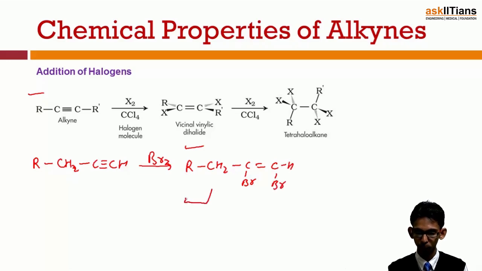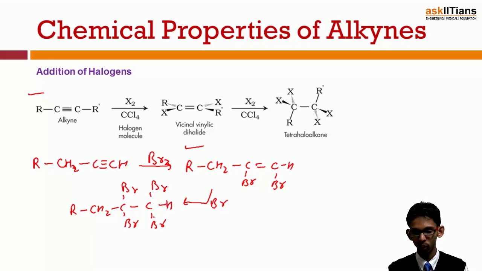Further bromination will result in formation of this type of compound, CH3 CBr2 CHBr2, with two bromines on each carbon. Now these are known as tetrahaloalkanes. So tetrahaloalkanes are formed by halogenation of alkynes.